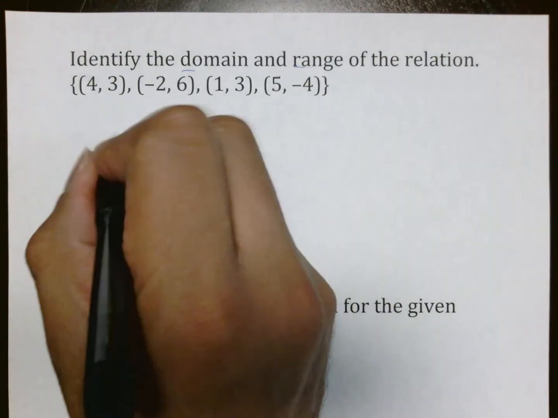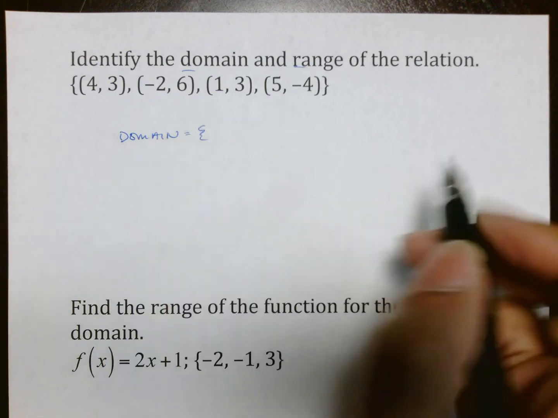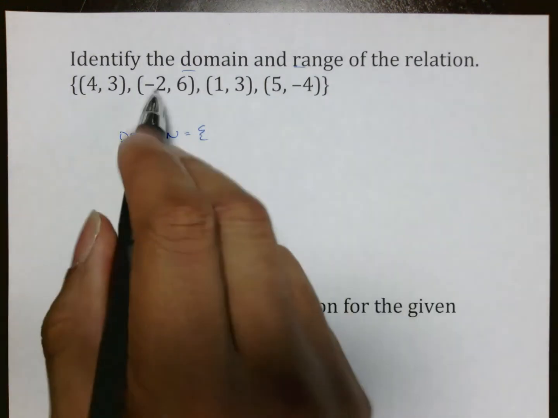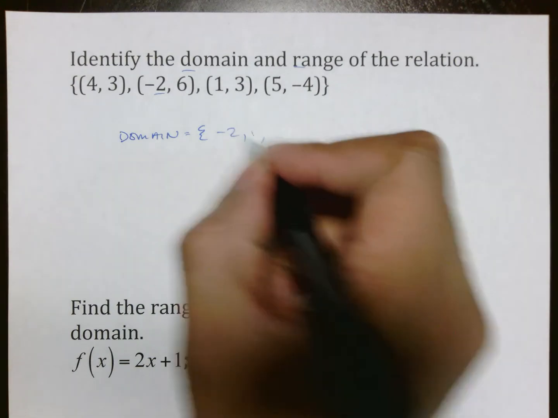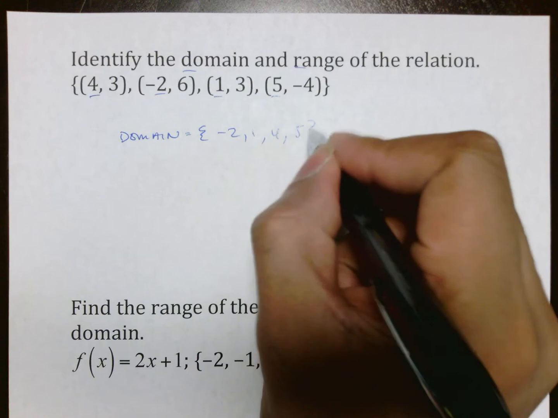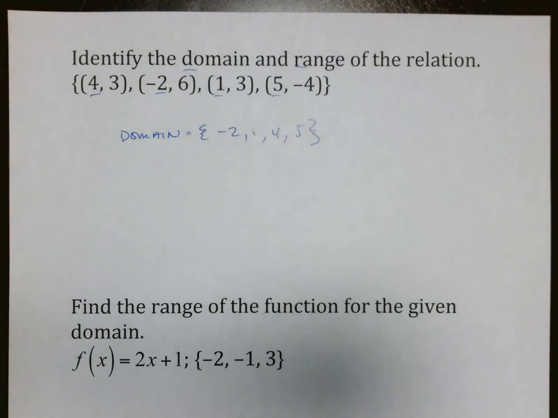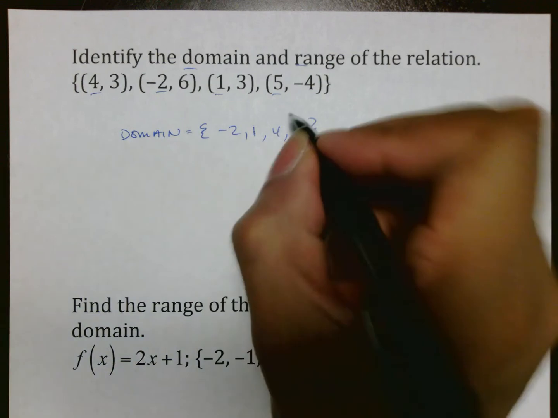So your domain would represent the values in order, no repeats, of negative 2, which is the smallest, 1, 4, and 5. So that's what they want to know. So again, your domain is negative 2, 1, 4, and 5.